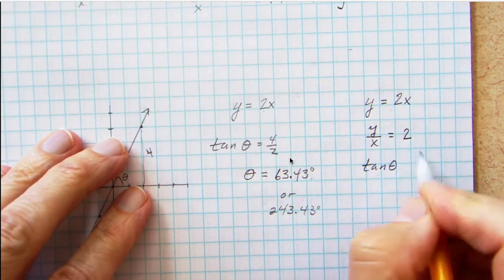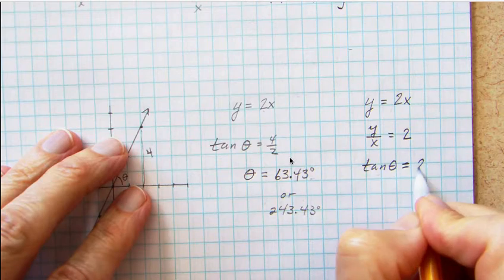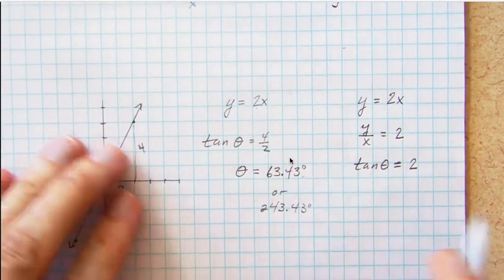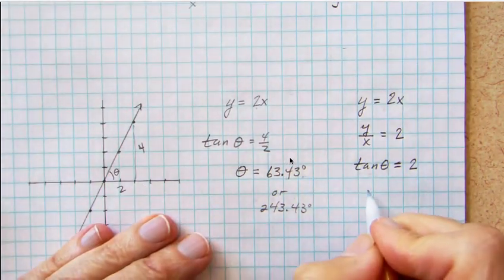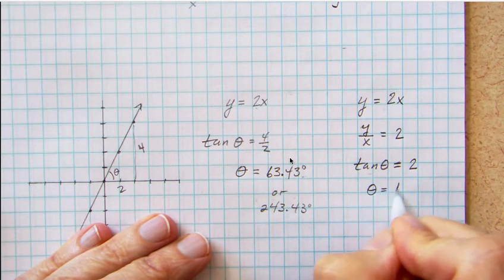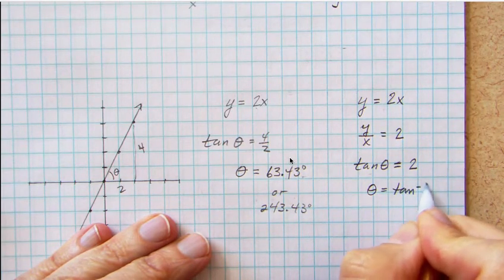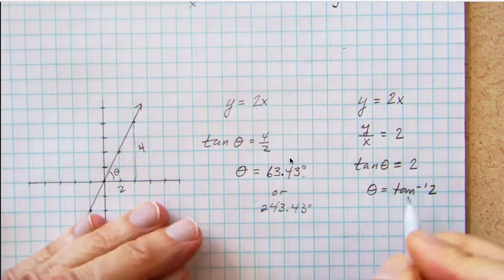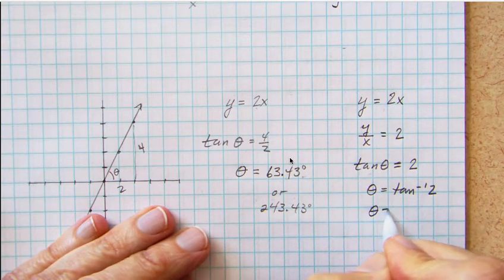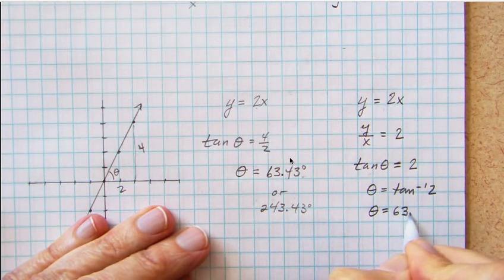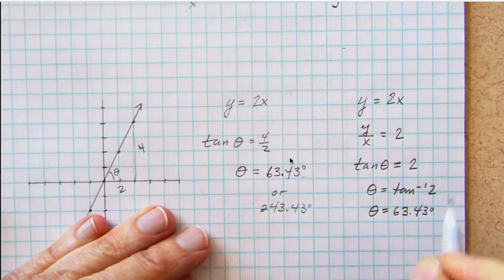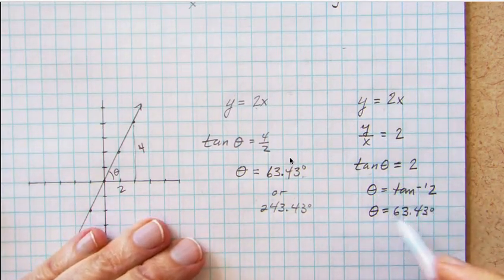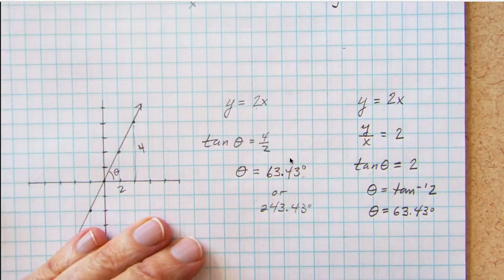So we have tan theta equal to 2. And now we could take the inverse tangent of 2. And that would be, again, 63.43 degrees. And that's doing it in a purely algebraic fashion, just making some substitutions.